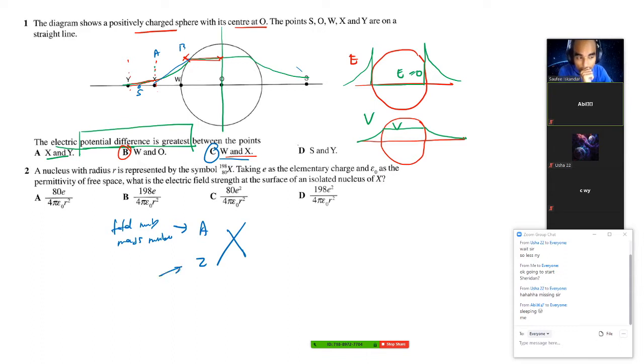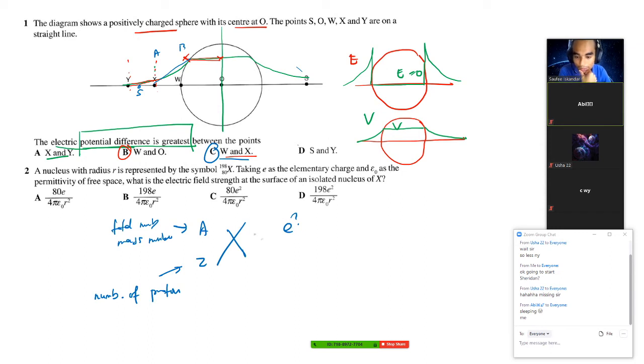And Z is the number of proton, right? So how much is the charge here? How much is the electron in this question?